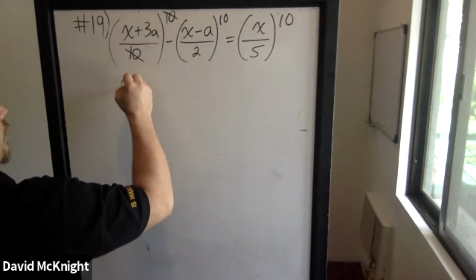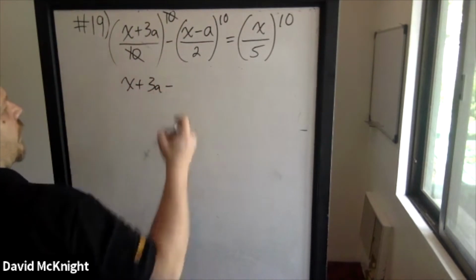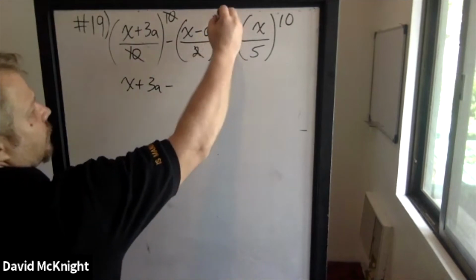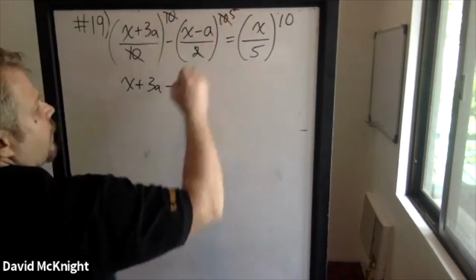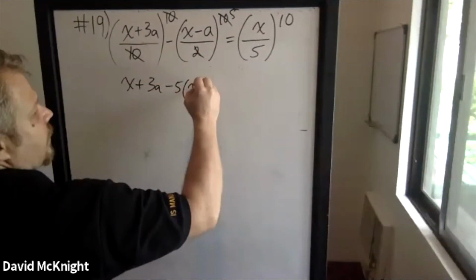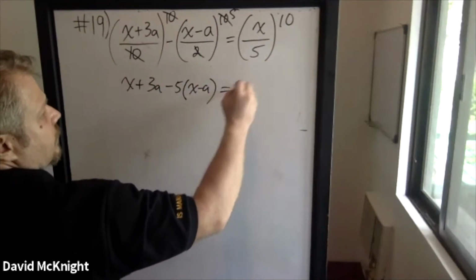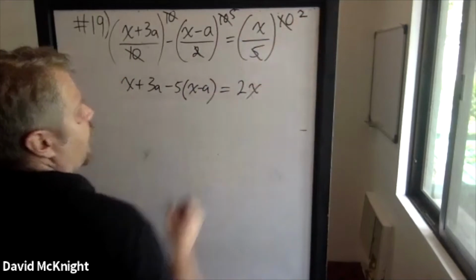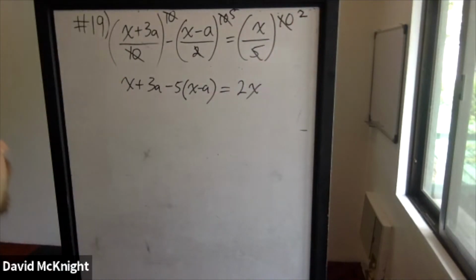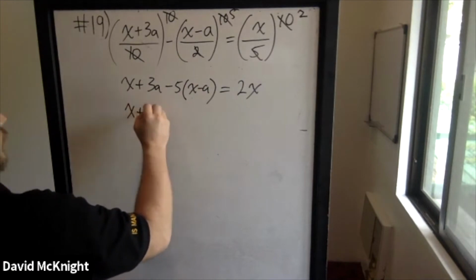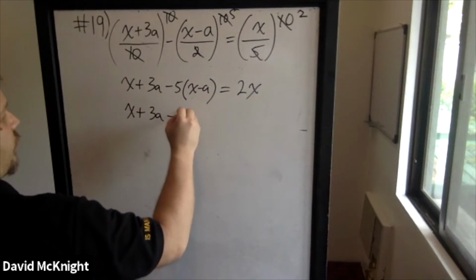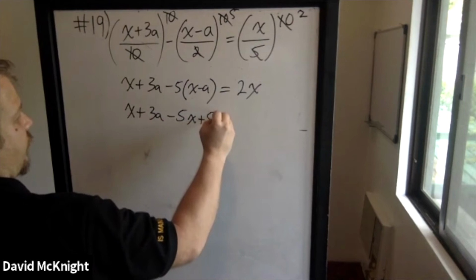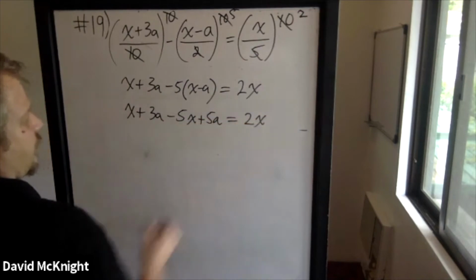So we have x plus 3a minus, and this is going to be 5 times x minus a is equal to 2x. Okay, all the fractions are canceled, so we can distribute now. x plus 3a minus 5x plus 5a is 2x.